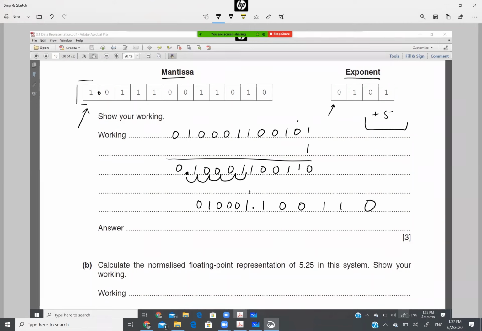So this is 1, 2, 4, 8, 16, 32. 16 plus 1 becomes 17. The decimal portion goes there. This is your 0.5, this is your 0.25, 0.125, 0.0625, and this is your 0.03125.